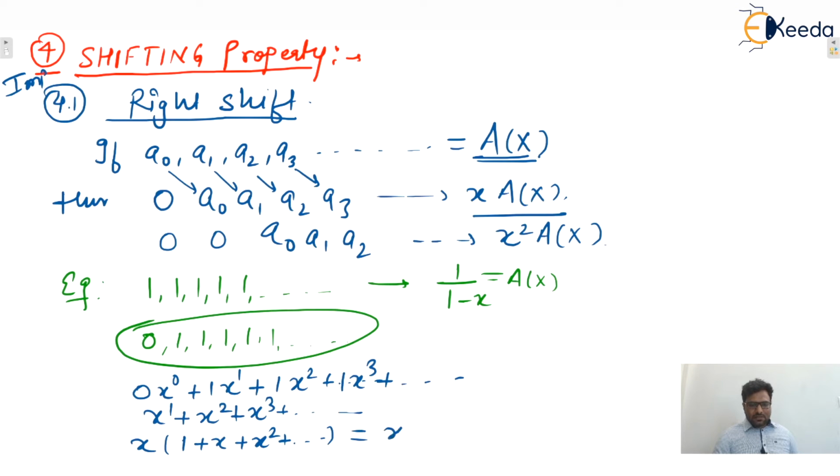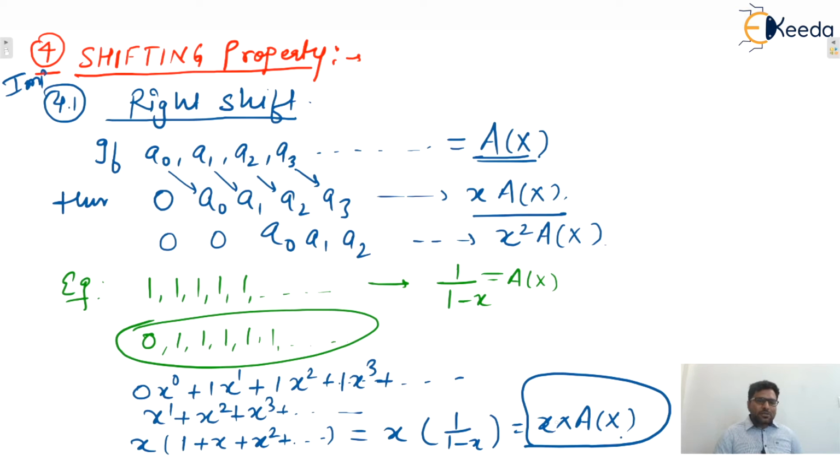So we can say that this is x into 1 upon 1 minus x, that is x into Ax. I hope this one is clear to everyone how this property came. So easily you can observe from this example that it will be multiplied with x only, isn't it? So this will be the corresponding generating function.